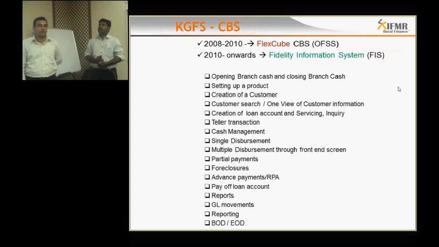We migrated all our data from the FlexCube system to the Fidelity Information System. So we had an in-between intermediary system which was built in-house and ran for 4 or 5 months.